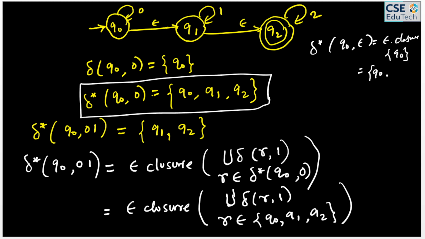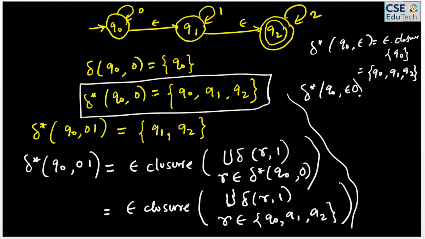So it will be Q naught, Q1 and Q2. Now delta star Q naught 0 means epsilon and 0. This can be written as the epsilon closure of the union of del r comma 0, where r belongs to delta star Q naught epsilon, which returns Q naught, Q1 and Q2.